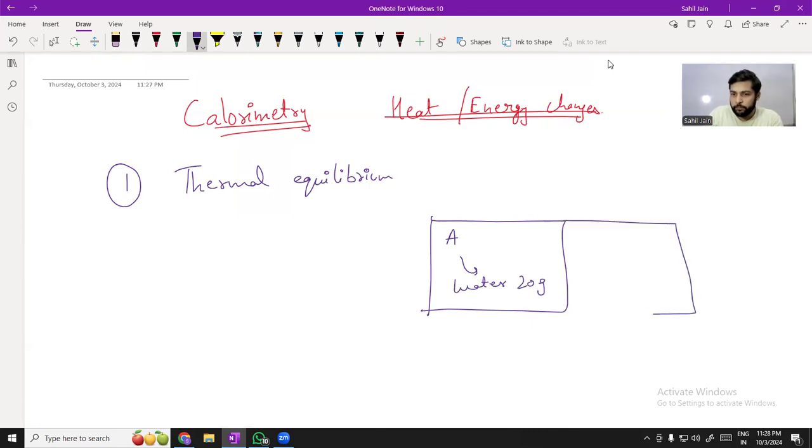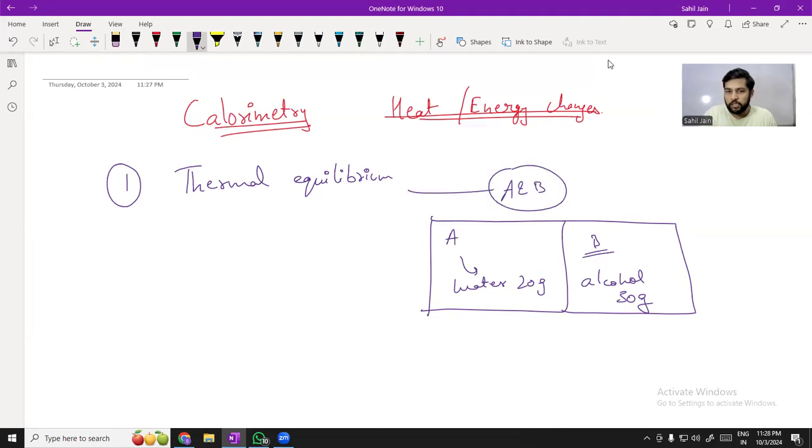And we have a system B, which is connected to it, and it has, say, 30 grams of alcohol. If A and B are said to be in thermal equilibrium, that would mean that they both are at the same temperature. The temperature can be anything, but both of them have to be at the same temperature so that we can call them to be in thermal equilibrium.